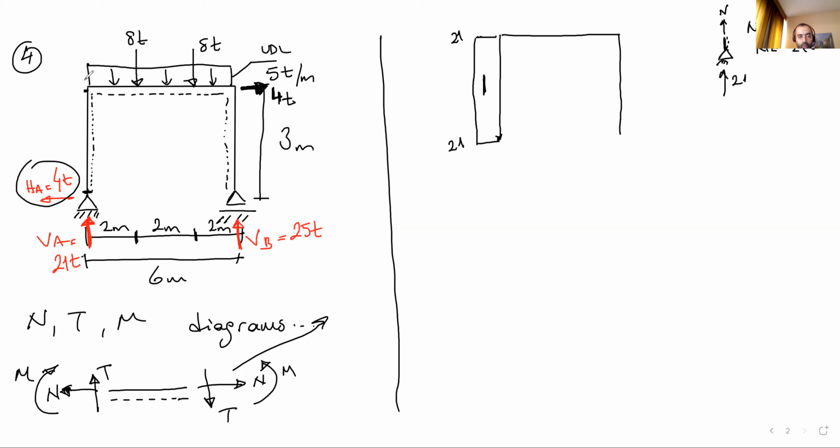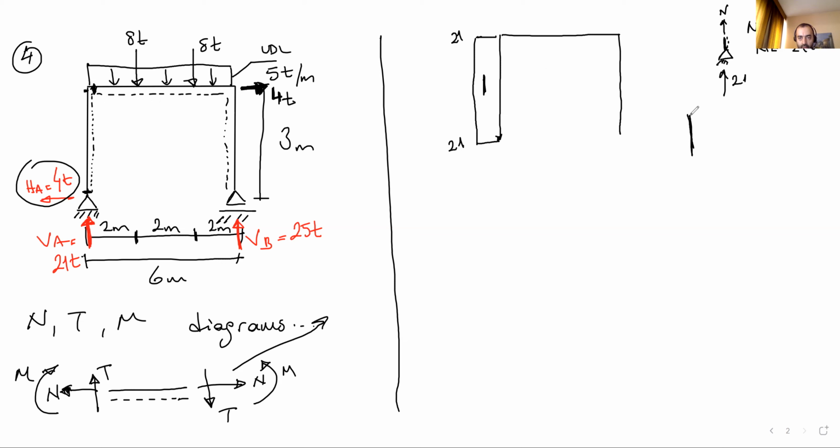Now we are on this portion at this corner. What is the axial force at this point? You can decide it easily, but if you can't, cut the system from here.